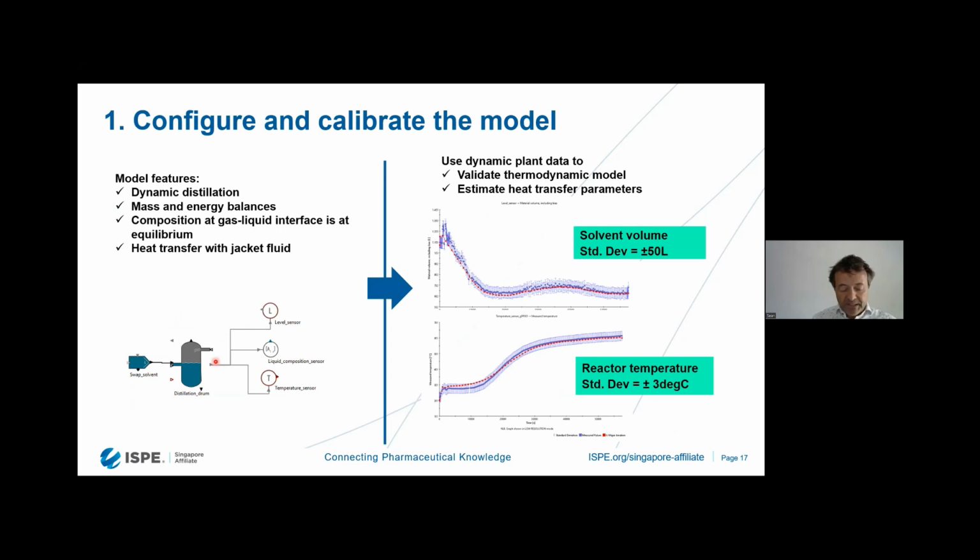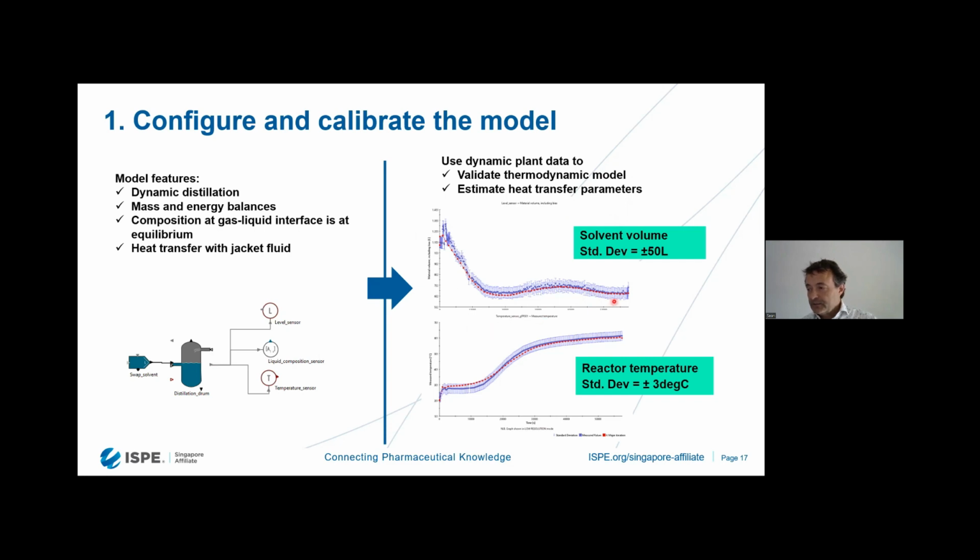So I mentioned we didn't use any data to calibrate the model, because we don't need data for mass or energy balance or the vapor-liquid equilibrium, but we did need some data for the heat transfer, for the heat losses, which indirectly, of course, will affect the energy balance and so on.